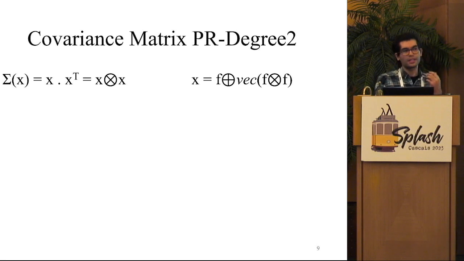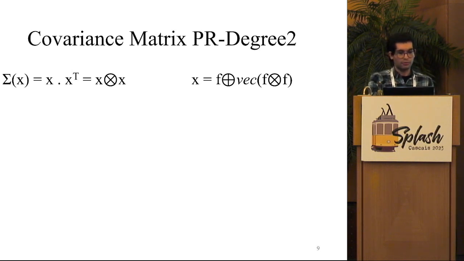So for that, we need to have an intuition on how we create the covariance matrix first. So basically, for creating covariance matrix, we have a vector x, and we do x transpose, or self-outer product of x to itself. And x for polynomial regression degree 2 is going to be a concatenation of a vector called f and the linearized version of self-outer product of f to itself.